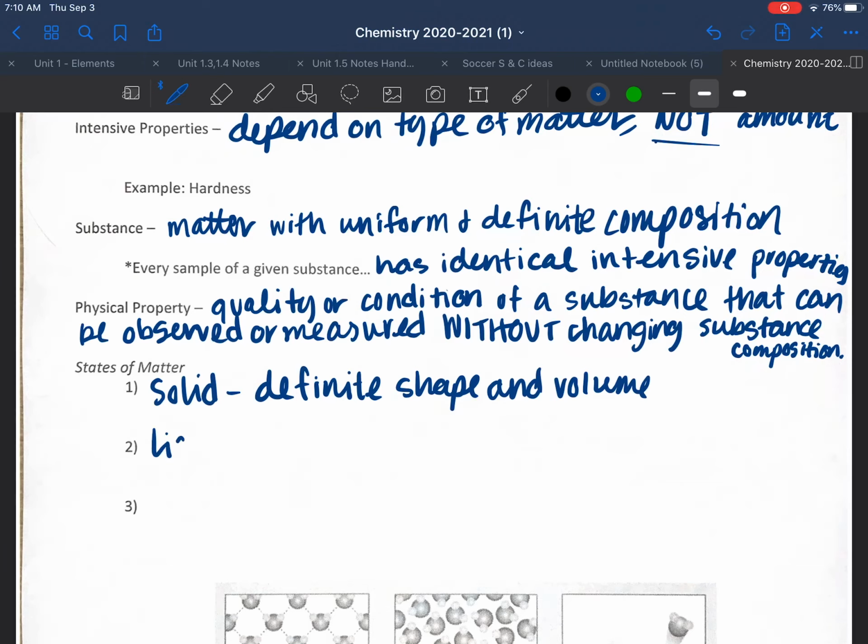Next would be liquids. These have indefinite shape, so you should know this. If you spill a cup of water, it changes shape as it goes across the table. So liquids have indefinite shape, but they have a fixed volume.